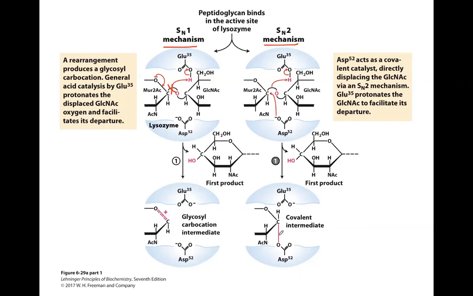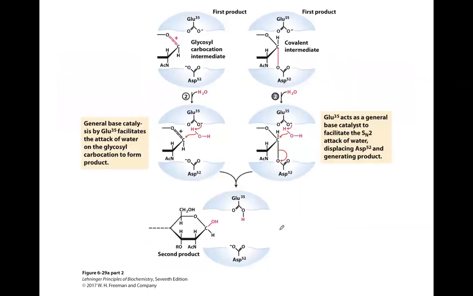Again, this will be a transient covalent intermediate. And then again, the glutamate 35 will capture a molecule of water, activate water by removing the proton, and oxygen from the water will come in from the other side to give you the OH here, right? And regenerate the glutamate and aspartate.